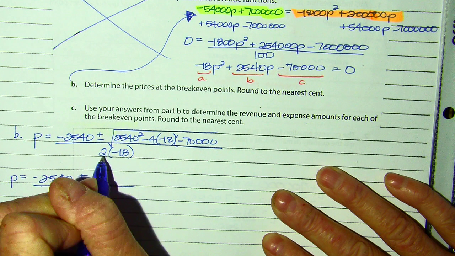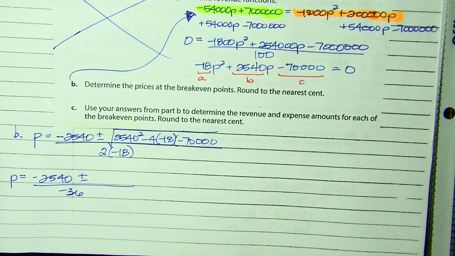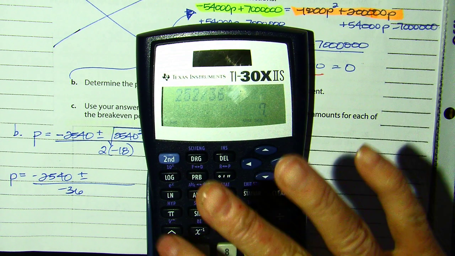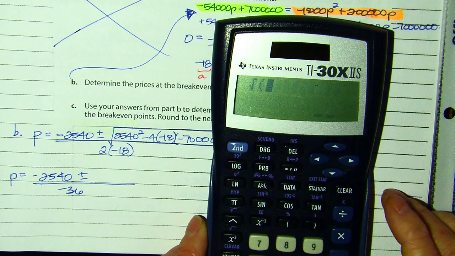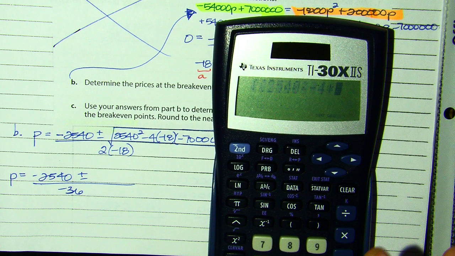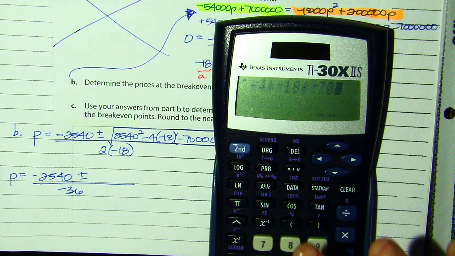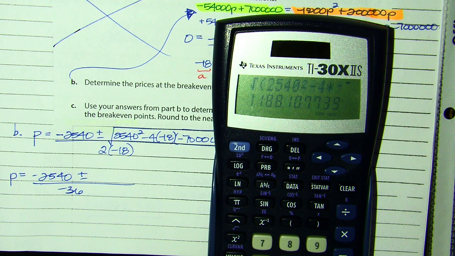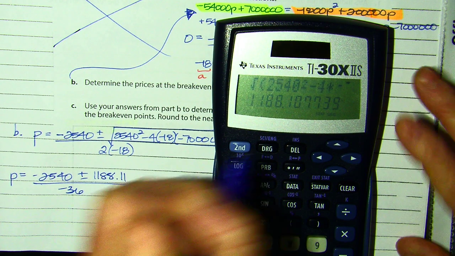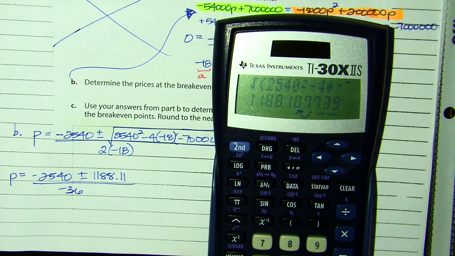I know the bottom is negative 36, but I'm going to enter the square root of 2540 squared minus 4 times negative 18 times negative 70,000. And I get 1188.11, because the 7 would round the 0 up.